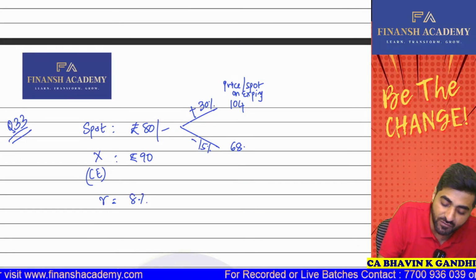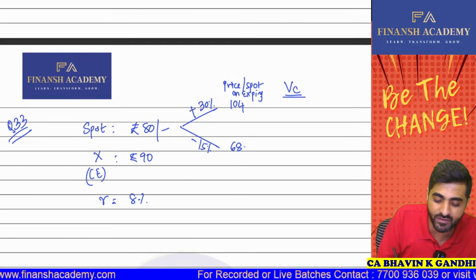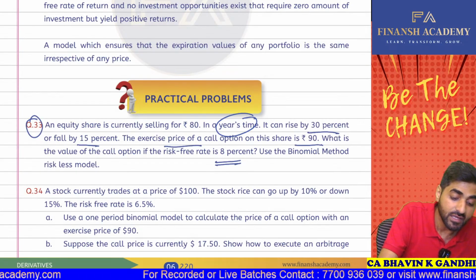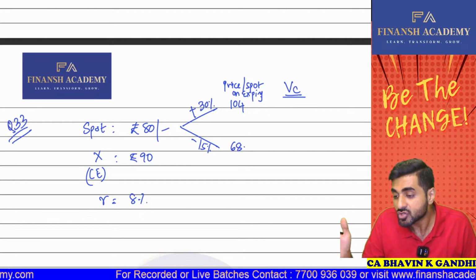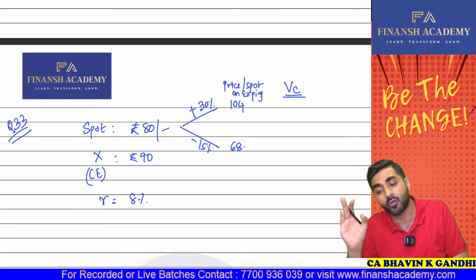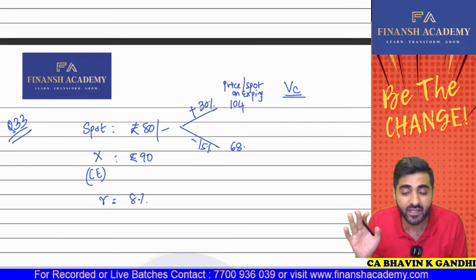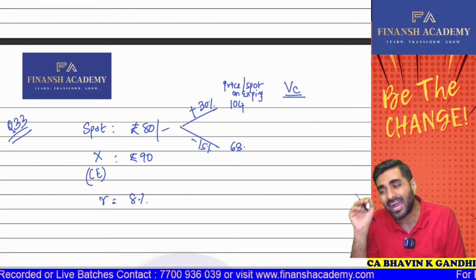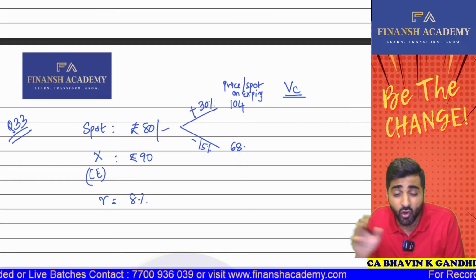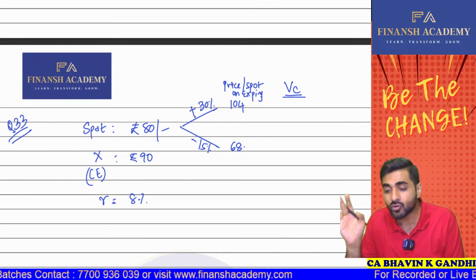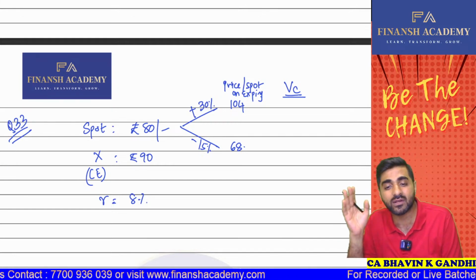Now, first of all, my dear students, when I talk about the value of the call option at the end of 1 year, because the expiry is 1 year, what is the value of the call option? Suppose I have a right to buy something at 90 rupees and on expiry it becomes 104.